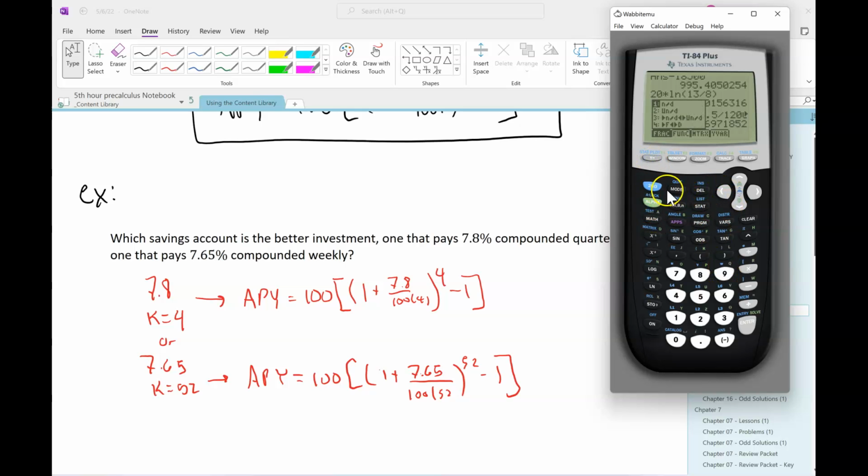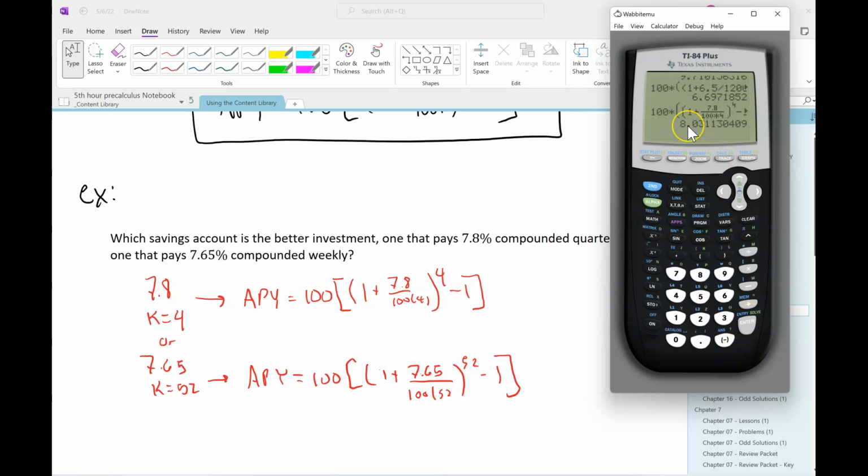Oops. One plus. And I'm going to use the fraction command here so that I can just go back and edit my work for the second one. I don't have to retype everything all the way.